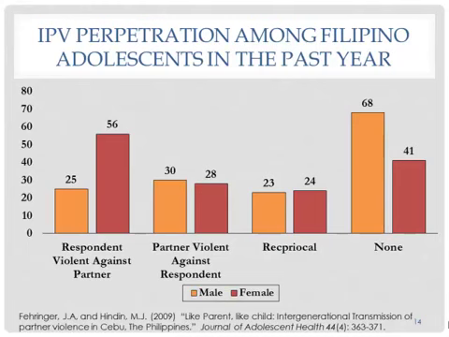And what's most striking here is if we take a look at the respondent violence against partner. So on the left-hand side are the males. So 25% of males reported that they were violent against their partner. But when we look at the females, more than half the women report perpetrating violence against their partner.